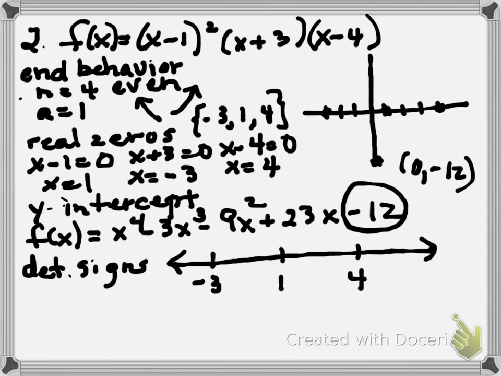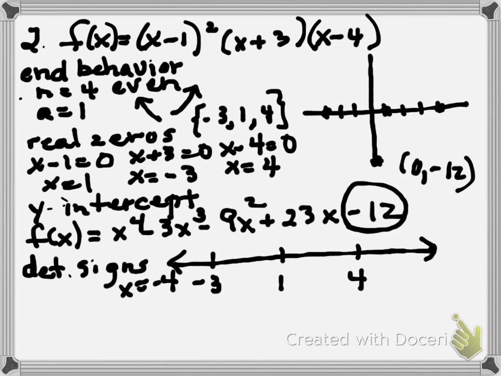What I want to do now is pick a point in each of those sections, and I don't need the value of f of x at that point, I just need to know if it's positive or negative. So the first thing I'm going to do is, let's say I pick -4.